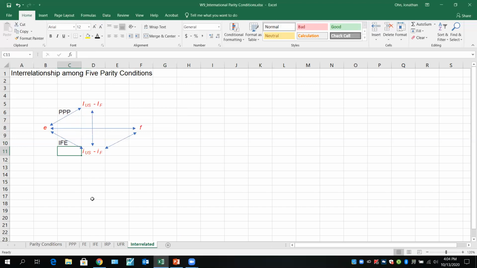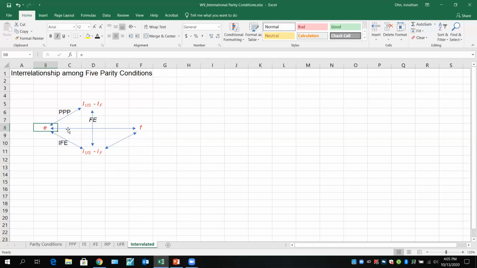Which one connects the relative inflation and relative interest rate? That is exactly the Fisher effect. Remember the Fisher effect. Now, which one connects E and F?